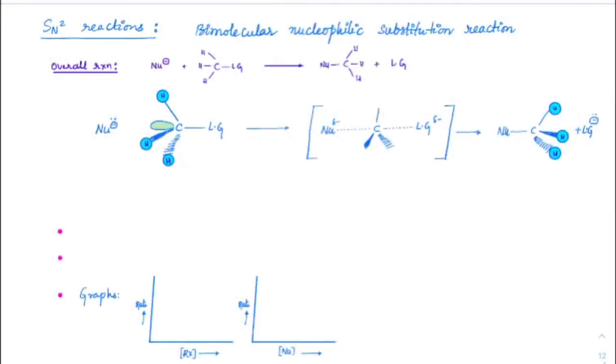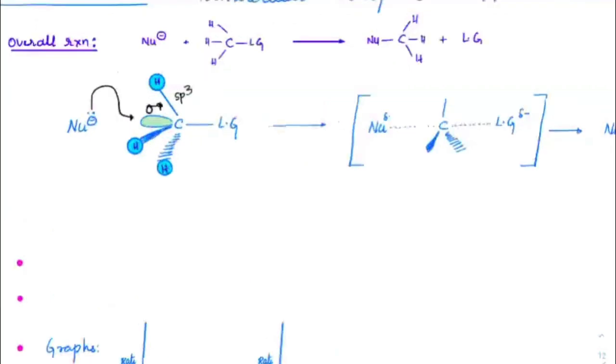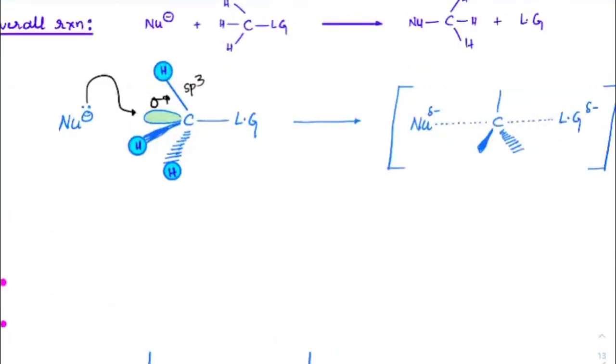This nucleophile will attack on the sigma star orbital, because if you consider carbon, think about it, carbon has 3 bonds with hydrogen which are sp3 hybridized. Now this orbital, if you see this orbital, this is also sp3 hybridized, but it is connected to a more electronegative element.